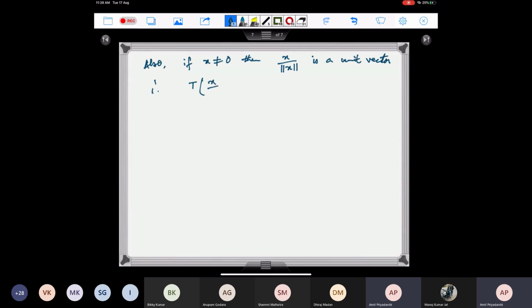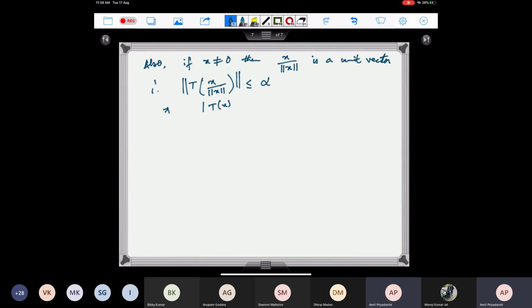Because alpha is the supremum of norm of Tx for all unit vectors.